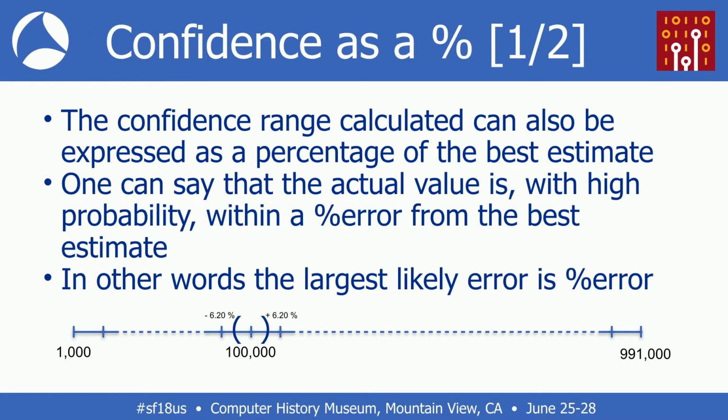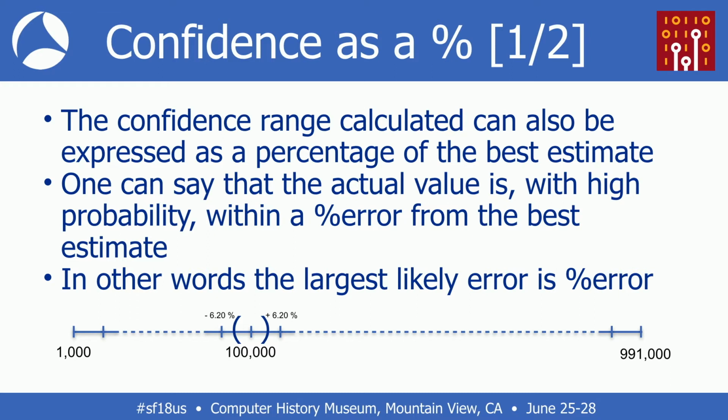There is another way to read this probability, that is using a percentage of error. We can say, for example, that I am confident that the number of HTTP packets was 100,000 with an error of 6.2%.